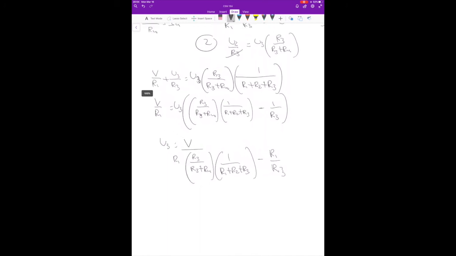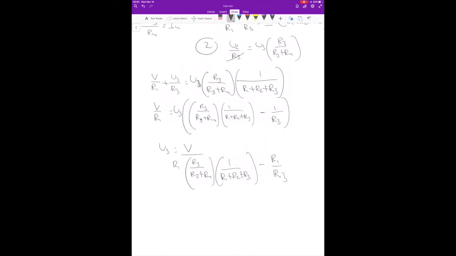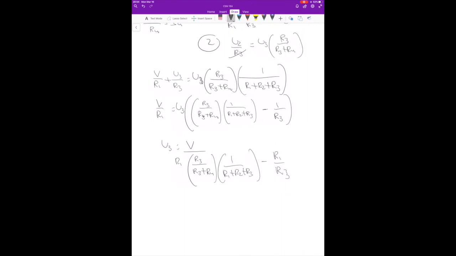Let me just go back and see why we are subtracting this 1 over r3. That's weird. I don't know why they didn't make it negative. I will check on Slack. But this should be approximately correct.